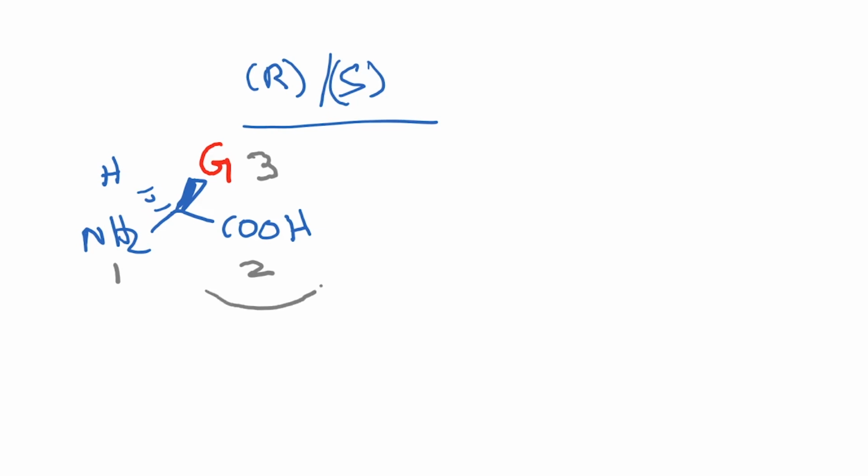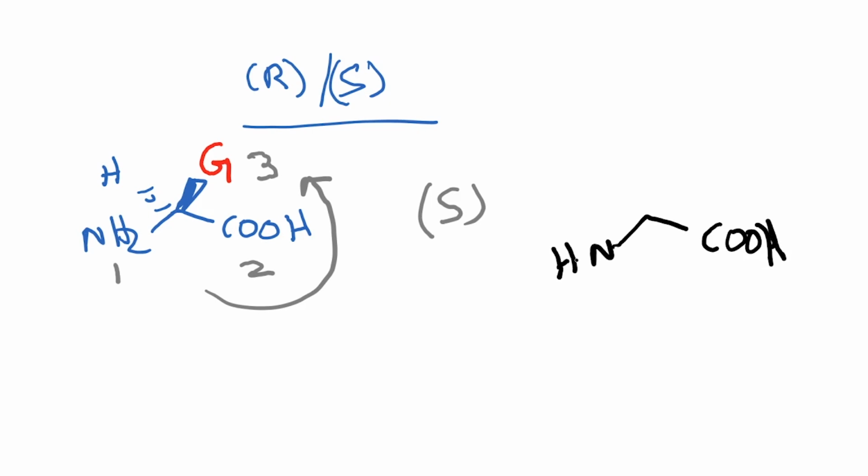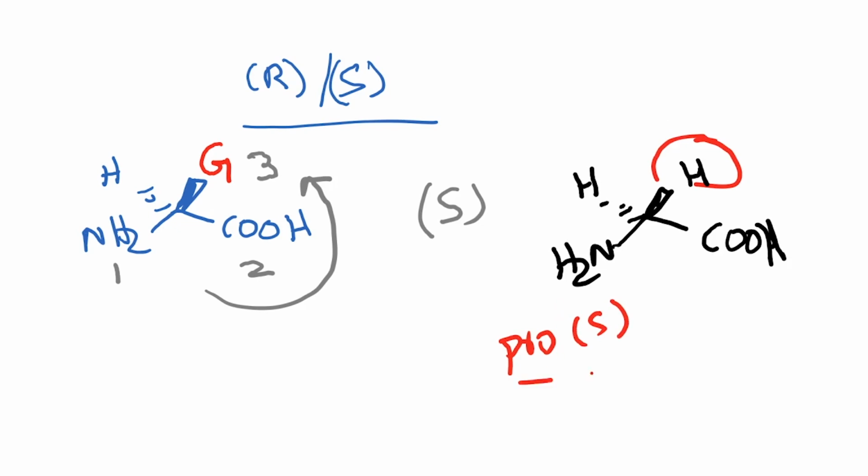Now if I look at the rotation, this is going to be anti-clockwise, so this is called S. So this original hydrogen that was drawn here, with COOH and NH2, is actually pro-S.